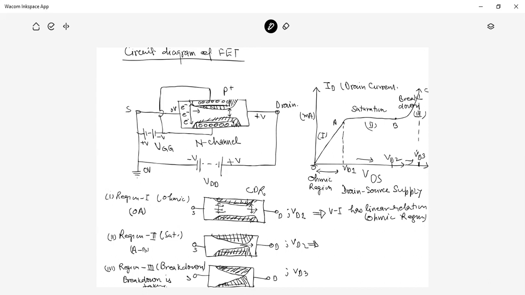In this case, this is saturation, VI is not linear.